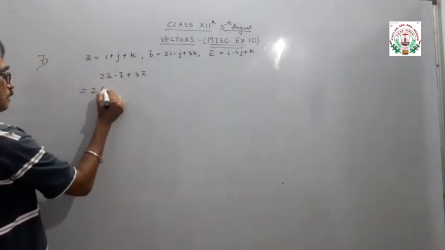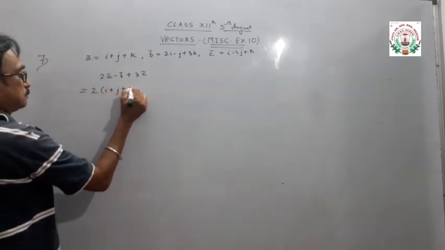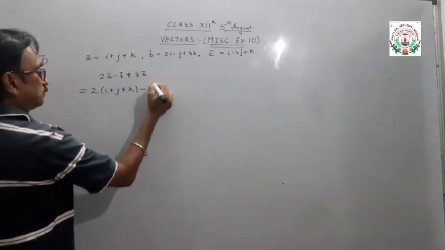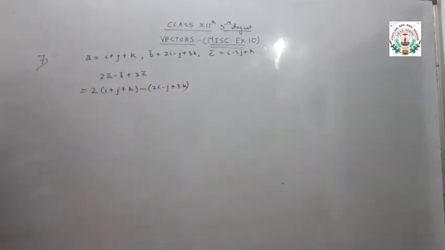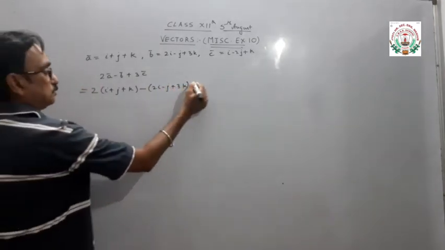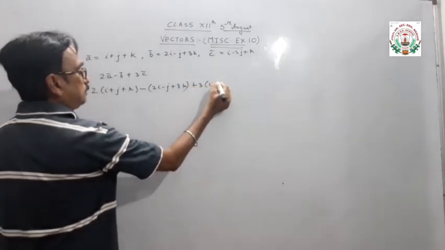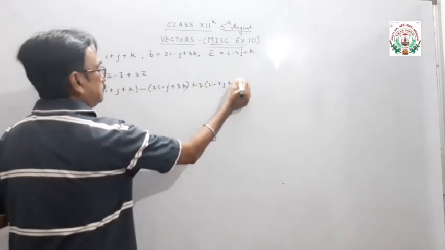2a vector is 2 times (i plus j plus k), minus b vector, which is 2i minus j plus 3k, plus 3 times c vector, which is (i minus 2j plus k).